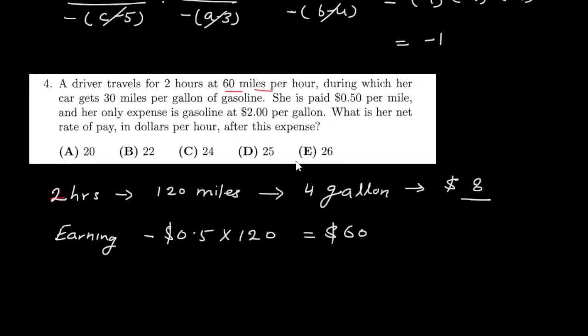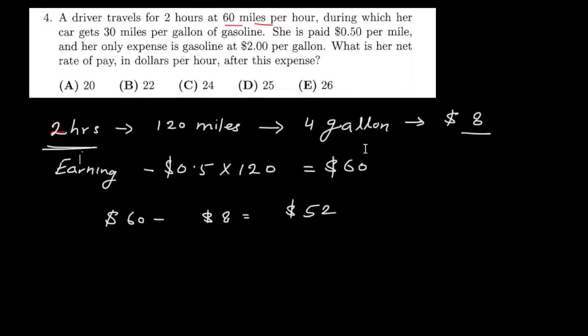So how much in reality does she get? $60 minus $8, that is $52. So $52 she earned while traveling for 2 hours. The question is what is her net rate of pay in dollars per hour. So therefore the net rate of pay per hour will be equal to what?